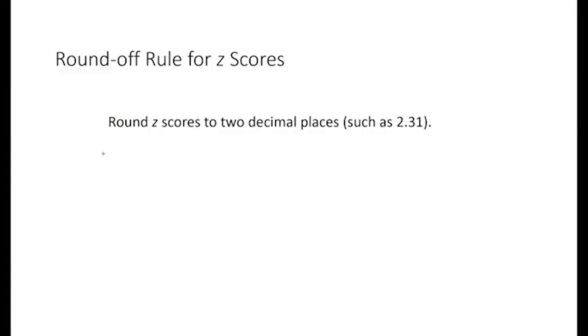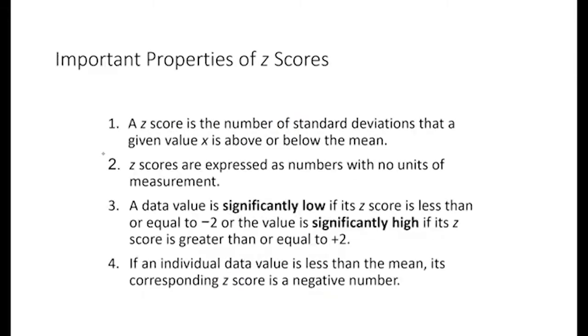We always try to round the z-score to 2 decimal places unless we are instructed otherwise. Some properties of the z-score: it is the number of standard deviations that a given value x is above or below the mean. It doesn't have any units, so it's just a number.